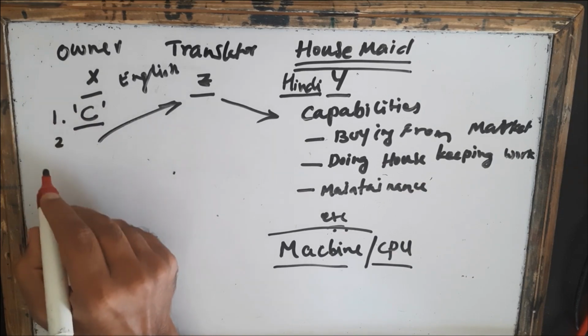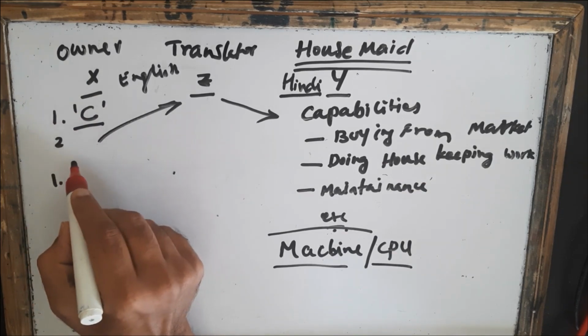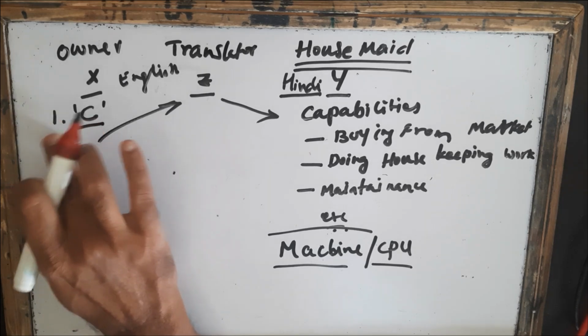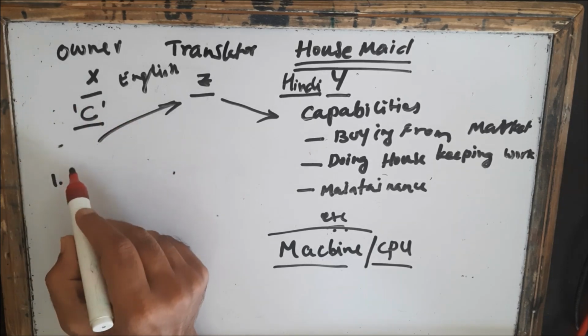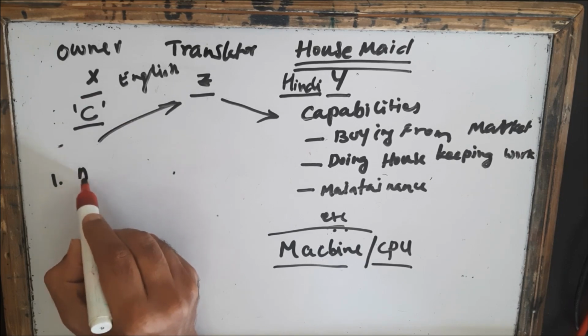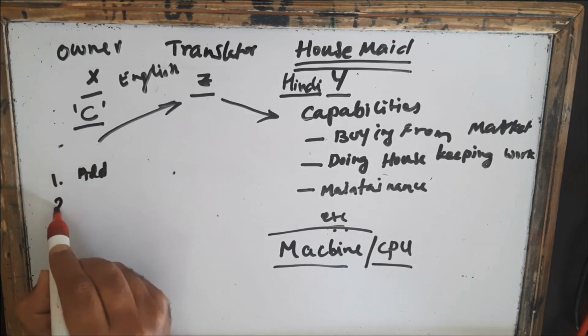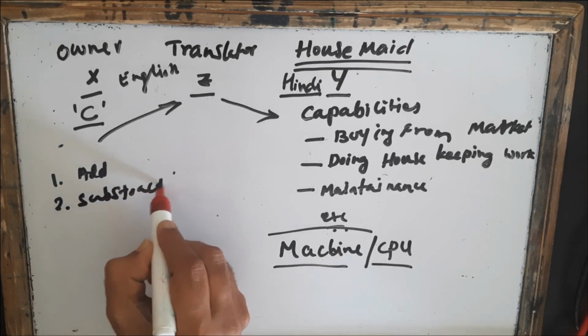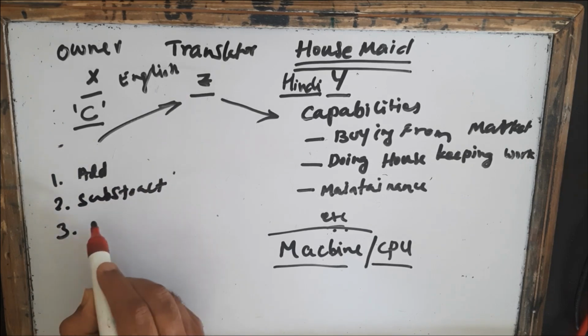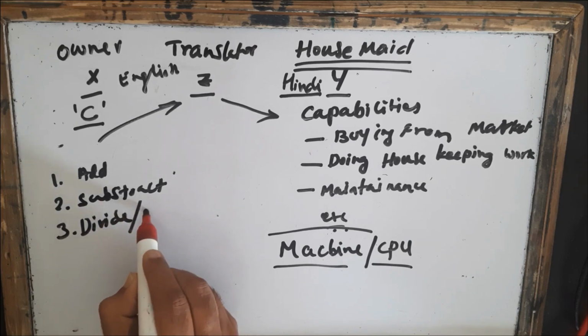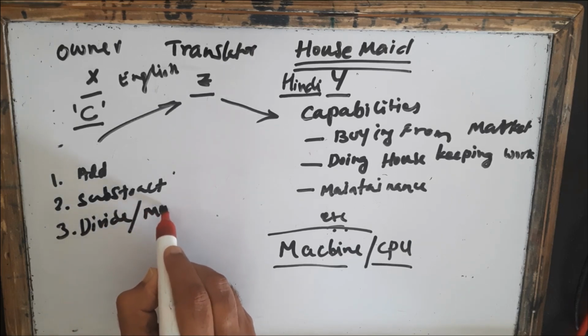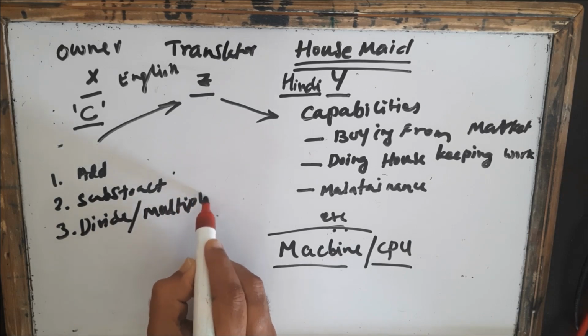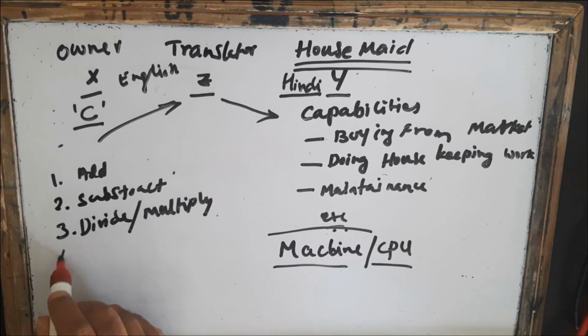For example, this machine or processor can add, subtract, divide, or multiply.